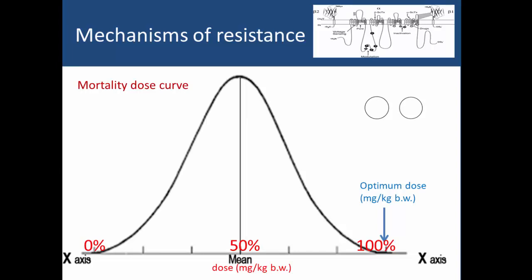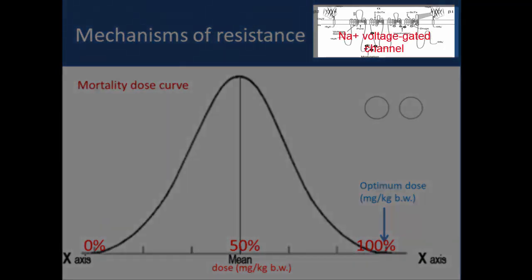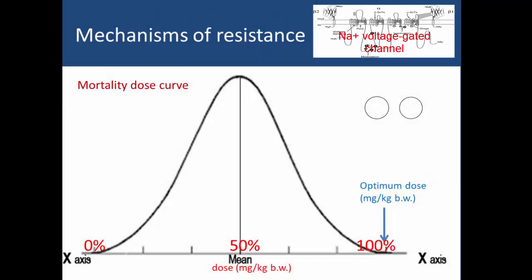I'm going to use permethrin, which is a pyrethroid that has been well studied and for which there is probably no tick left in Colombia that can be killed anymore. Pyrethroids bind to the sodium voltage gated channel, and they open it, causing depolarization of the parasite neurons.